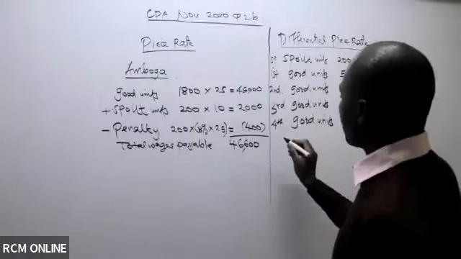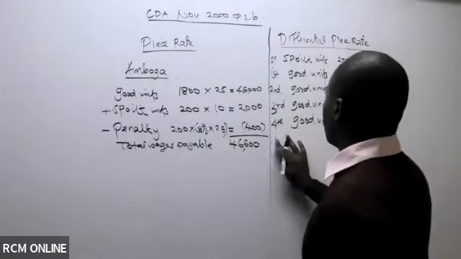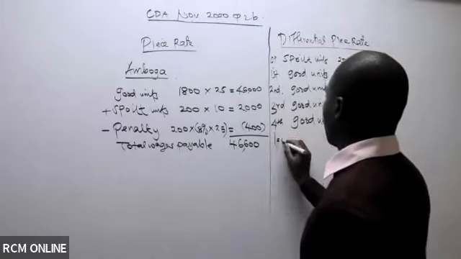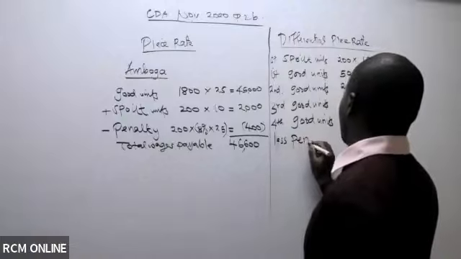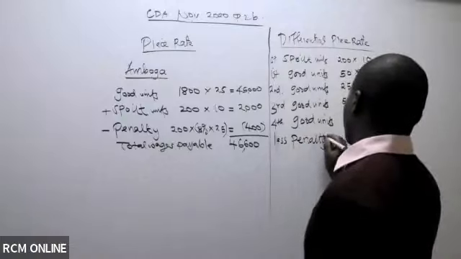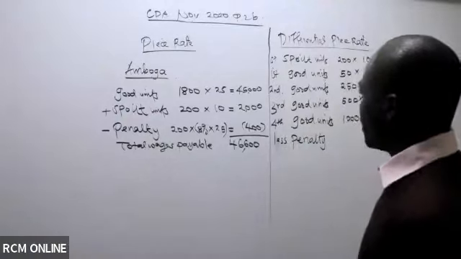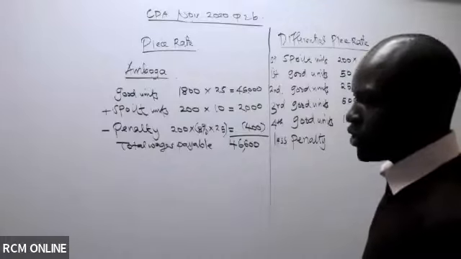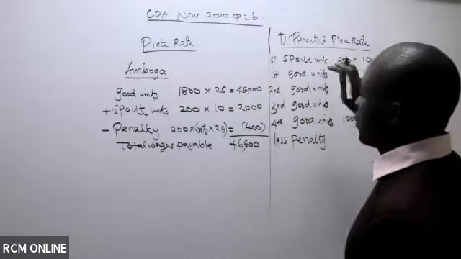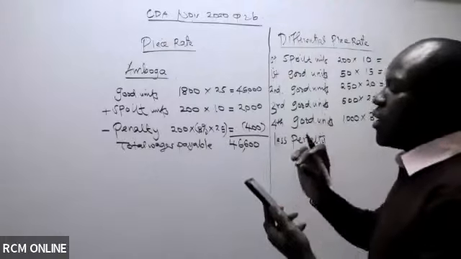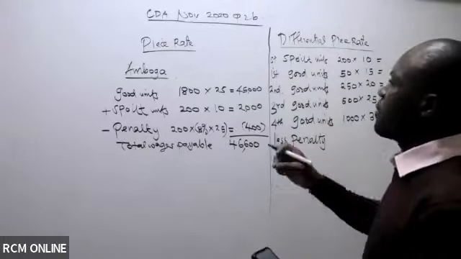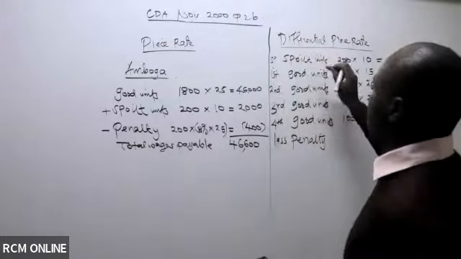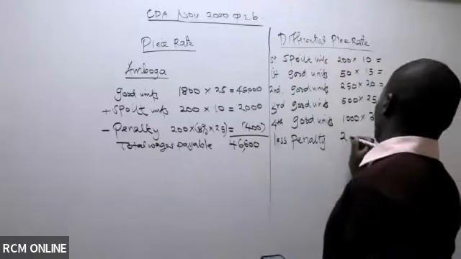But we also have to consider penalty. So we can talk about less penalty. So penalty was charged on the spoiled goods, right? The spoiled goods were 200. We have to deduct that 200 from the first bar. So the first bar, we take the 200 units.